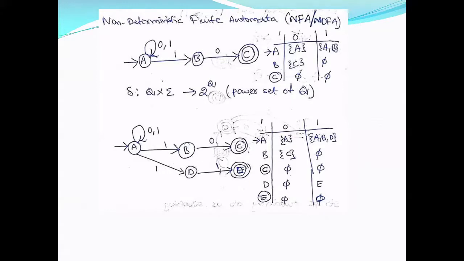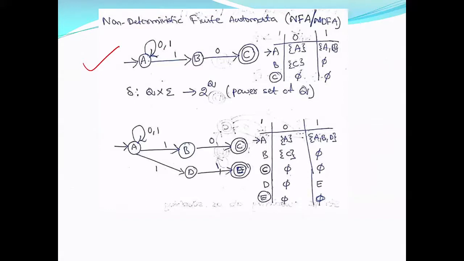Why it is called non-deterministic, you observe this diagram. On input 0, A on 0 is going to A, but A on 1 there is 0 comma 1, which means there are 2 transitions.